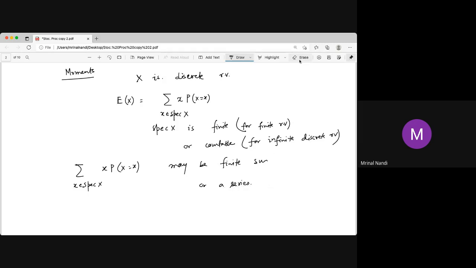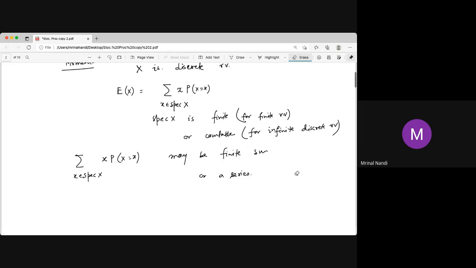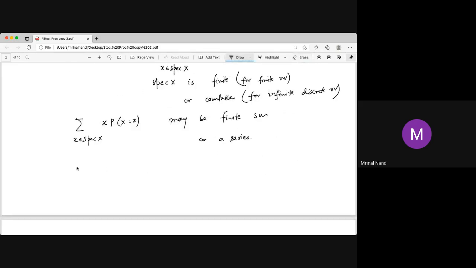If it is a finite sum, no problem. But the question is, if it is a series, if spec of X is a countable set, then what is the meaning of that summation? That's the problem.